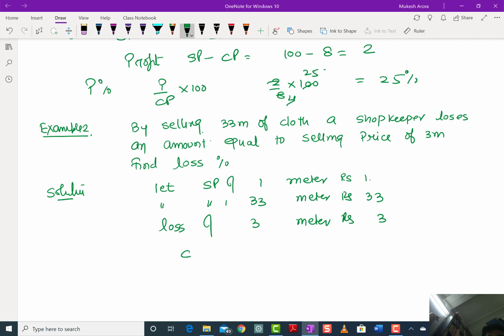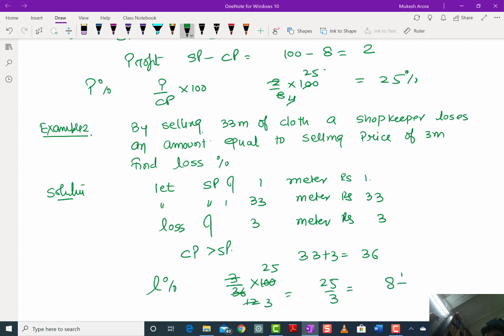That means CP is greater than SP: 33 plus 3, 36. So loss percentage is 3 by 36 into 100, which is 25 by 3, 8 1 by 3% is his loss.